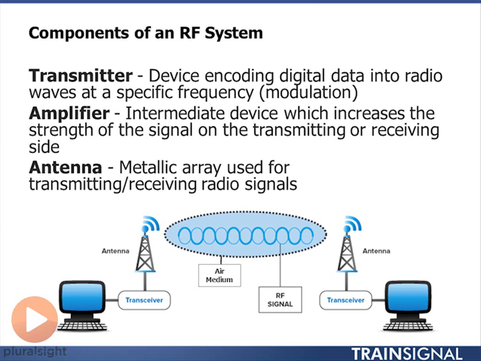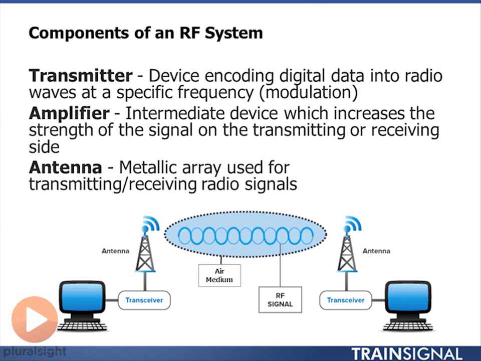Now, antennas. I love talking about antennas. And antennas are simply electrical devices that take the electrical signal coming from the transmitter and then they convert it into radio waves. On the receiving side, they do the reverse.